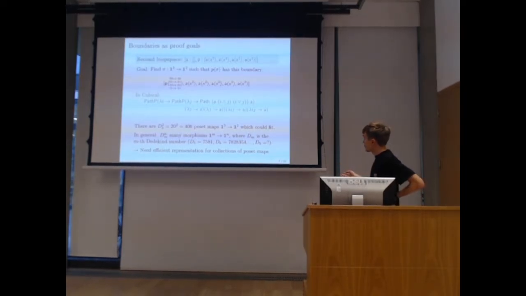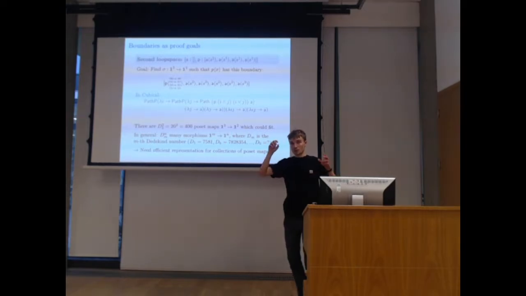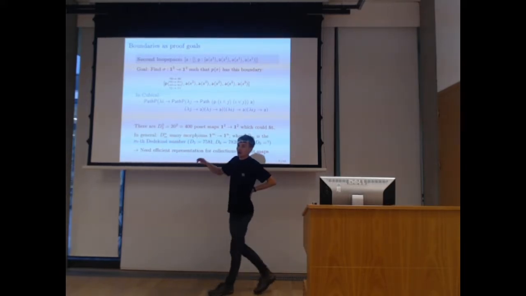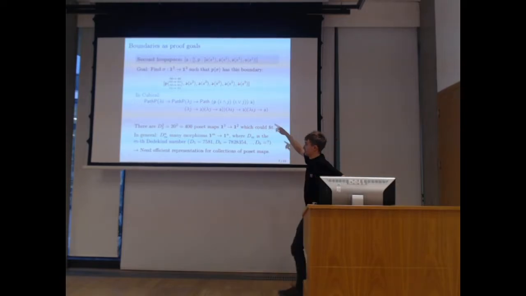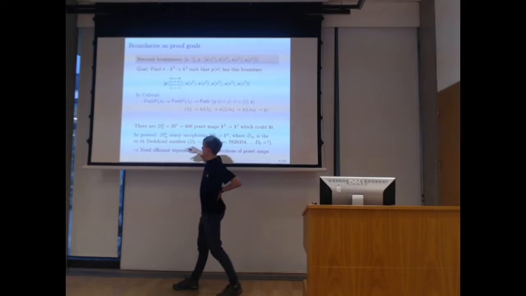Before we do this, we already realize that in this instance we have a lot of options available. In general, if we look at the morphisms from 1 to the 3 to 1 to the 2, this is the kind of poset map that we want to construct because we turn the square into a cube. Then we have the third Dedekind number squared poset maps.